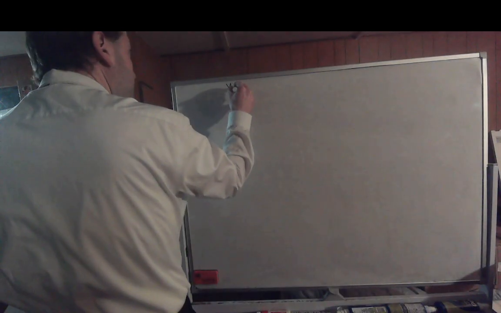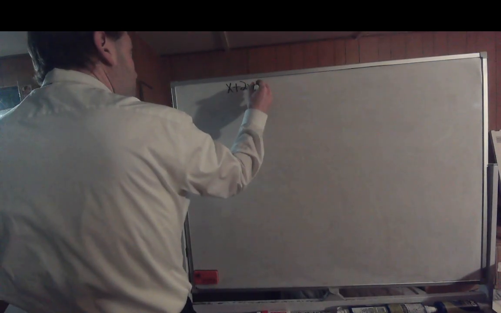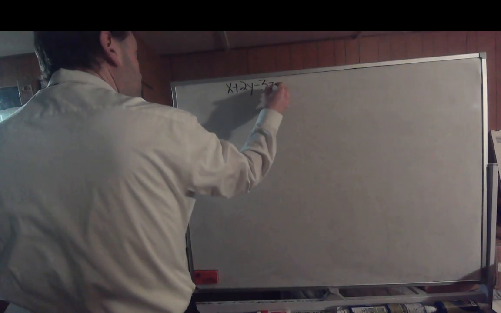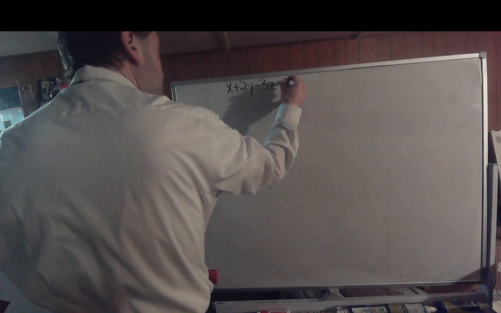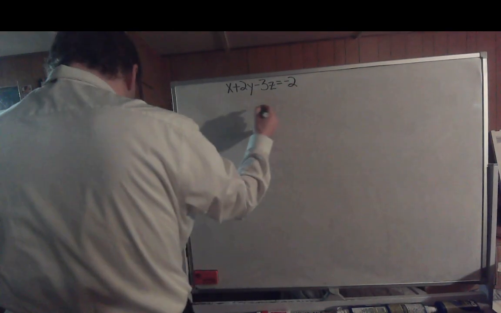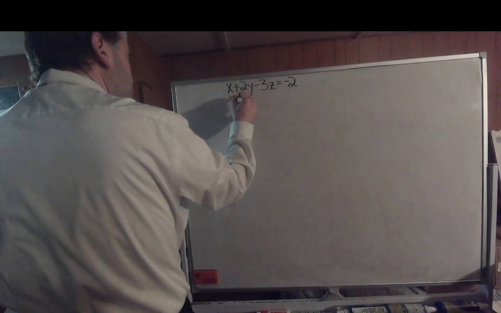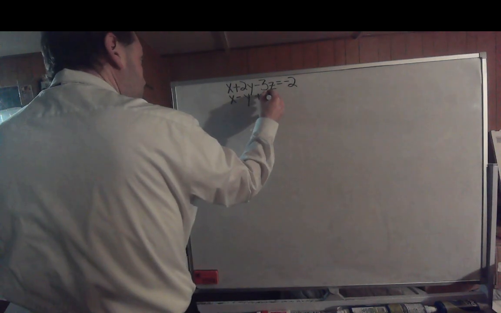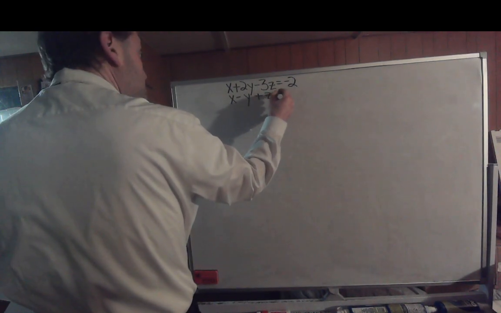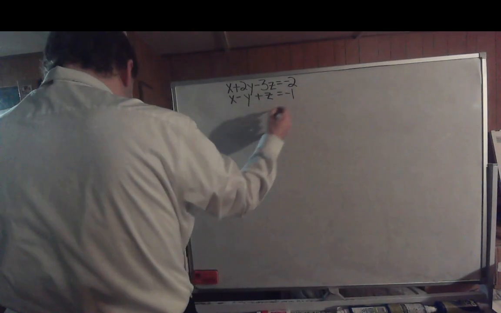So let's see here. First one, we have x plus 2y minus 3z is going to be equal to negative 2. Then we have x minus y plus z is going to be equal to negative 1.